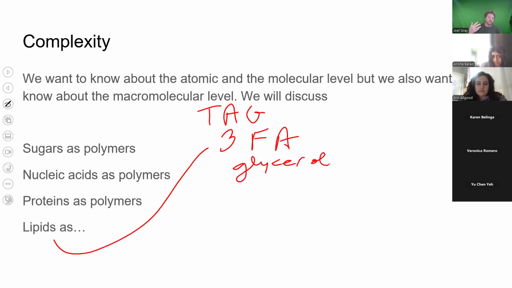So three fatty acids plus glycerol will make a triacylglycerol. Those are major parts of membranes, but that's not going to make a polymer. So I want you to keep this in mind in terms of polymers that you can expect from biological macromolecules.